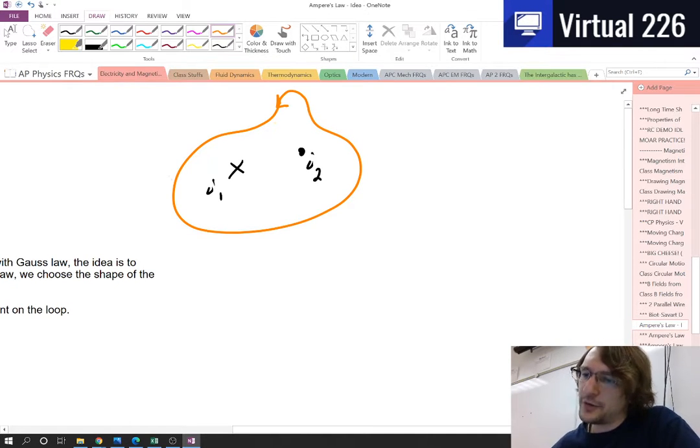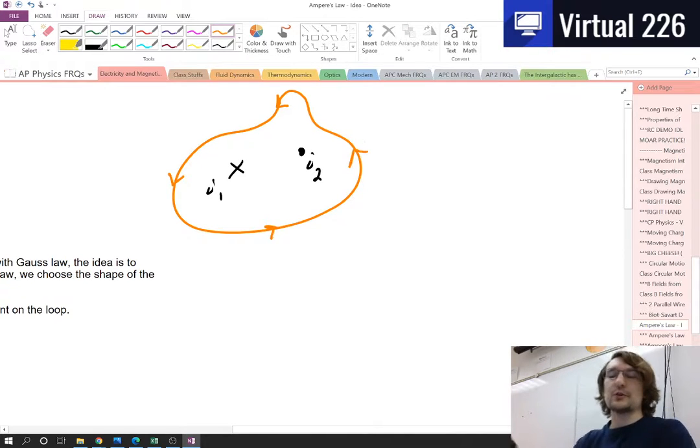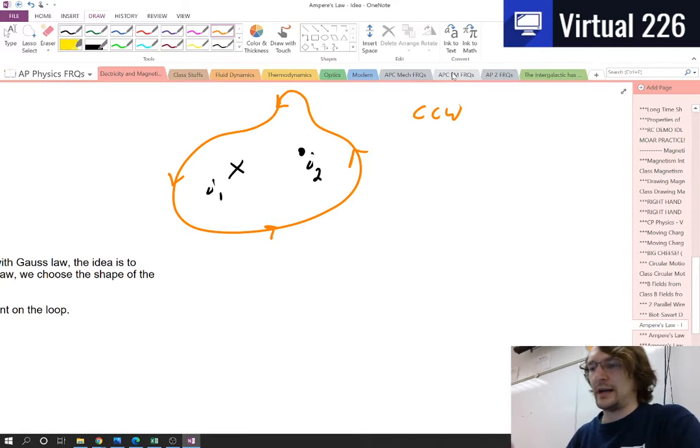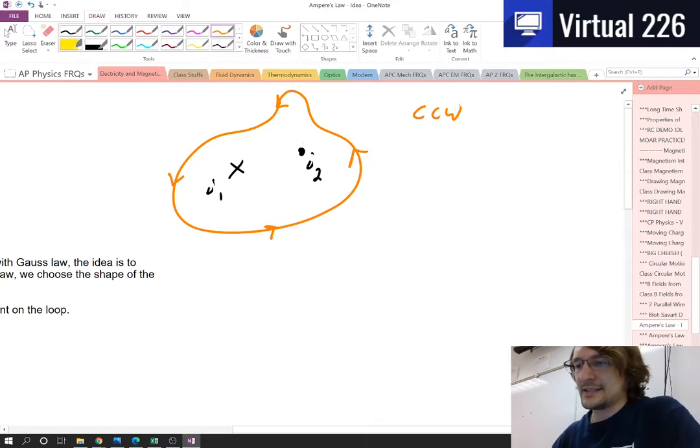Now notice I've also put an arrow here so I know the direction of the loop. If I take my fingers and curl them in that direction, which right now is counterclockwise around this loop, the positive direction is the direction your thumb points. So in this case, coming out of the page, I2 would be positive and I1 would be a negative quantity because it's going in.